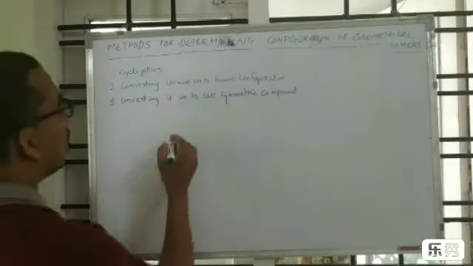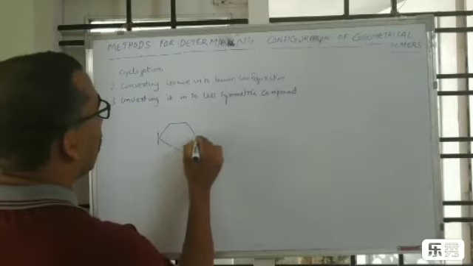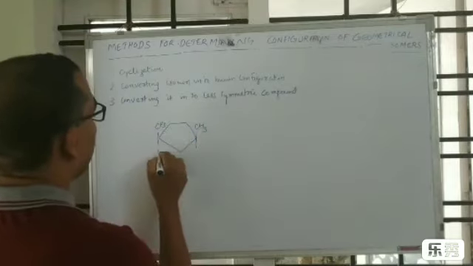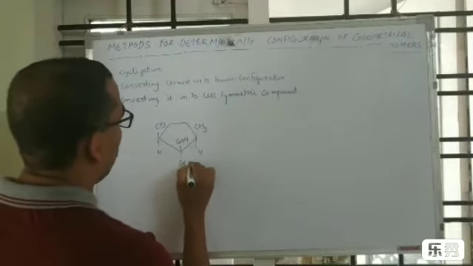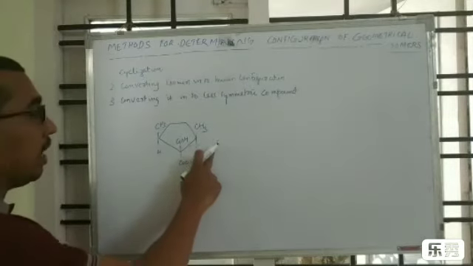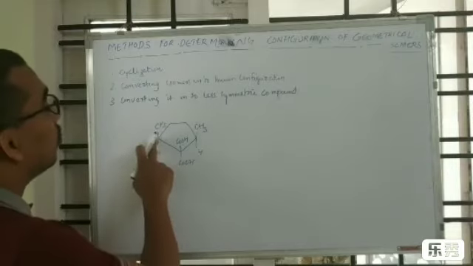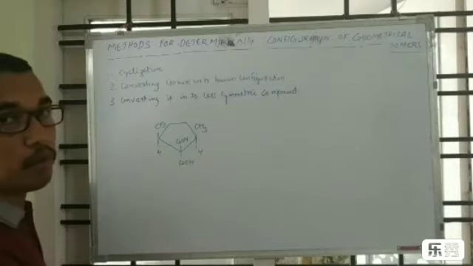So for example, this is 2,5-dimethyl cyclopentane 1,1-dicarboxylic acid.